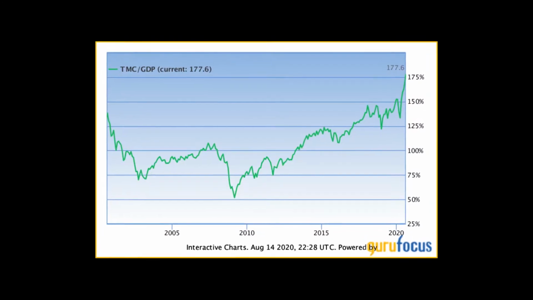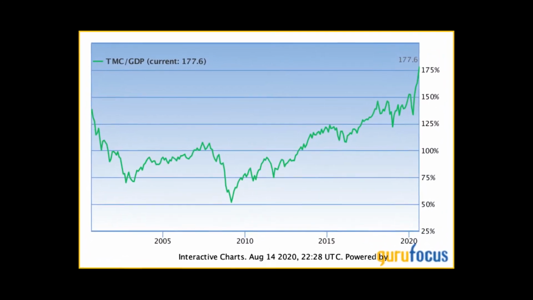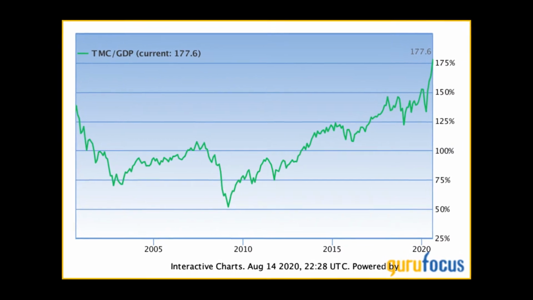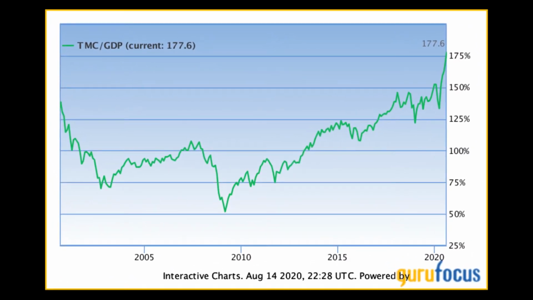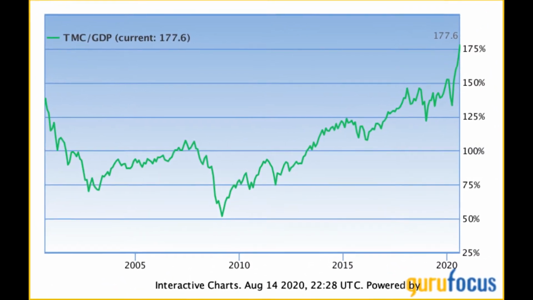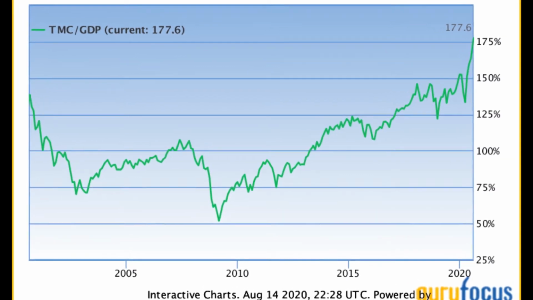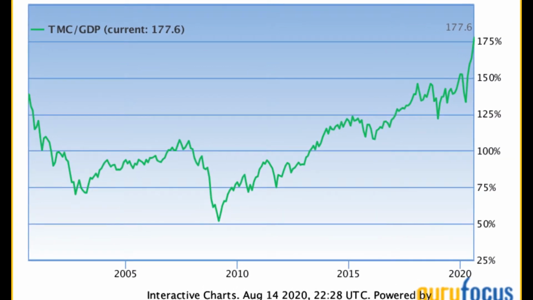So in this next chart, you can see you put those two together and divide them, and this particular chart shows you that as of August 14th, 2020, there was a reading of 177.6%. Now this is the highest reading ever recorded going back to the 1970s. And if you looked at some of my previous videos, I've used this chart before, but it was a month or two old now.